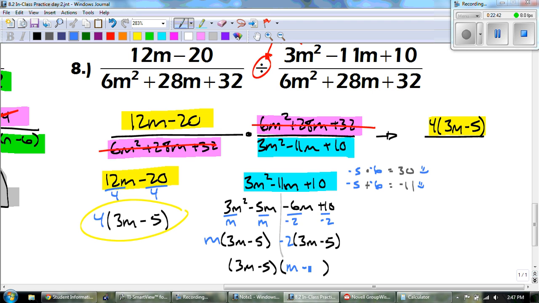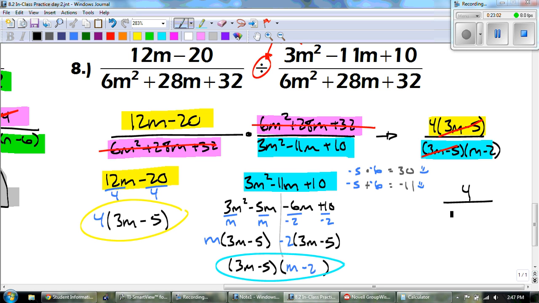So that is going to go up there as our denominator. Does anything cancel? Yeah, the 3m minus 5, and then our final answer is 4 over m minus 2.